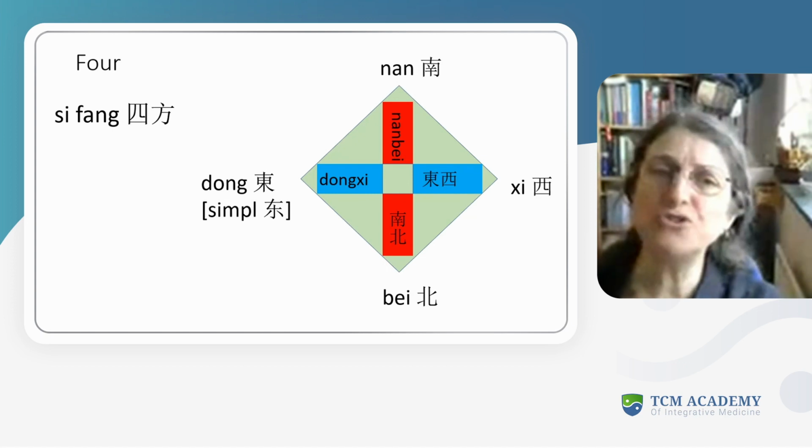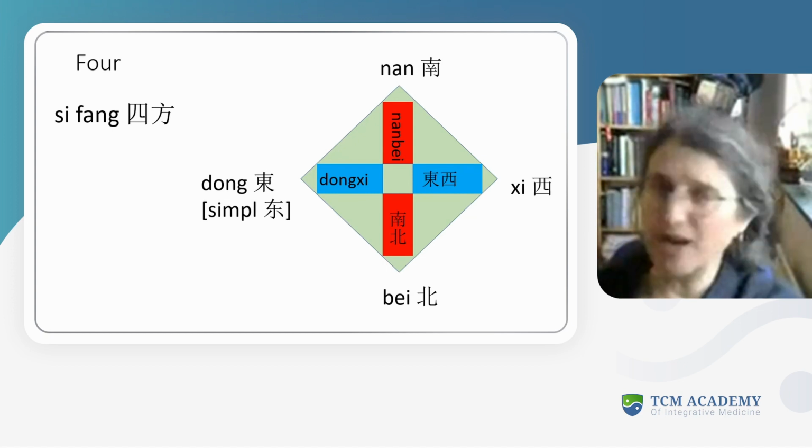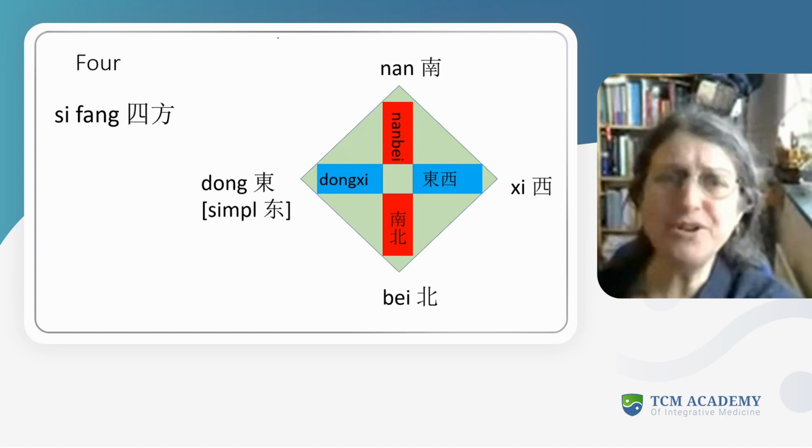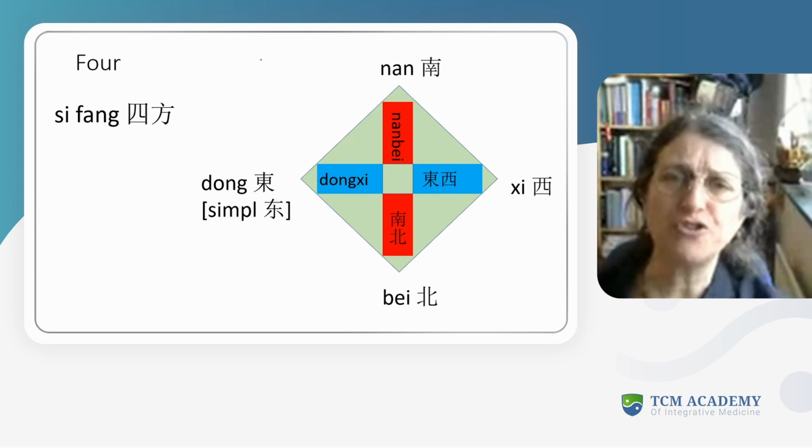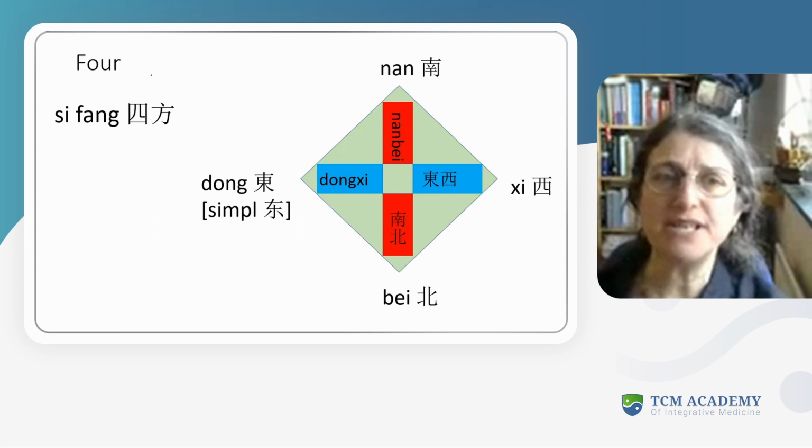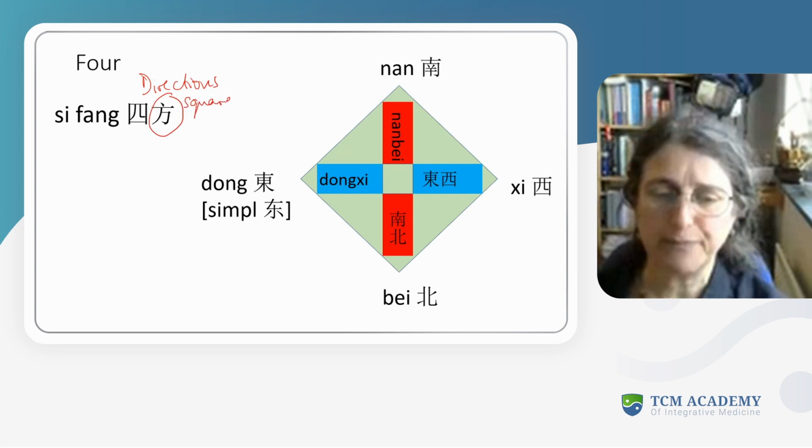So continuing in the world of 4, we use the world of duograms to talk about directions. So this is the 4 directions. Fang means directions, and it also means square, and all that kind of stuff.